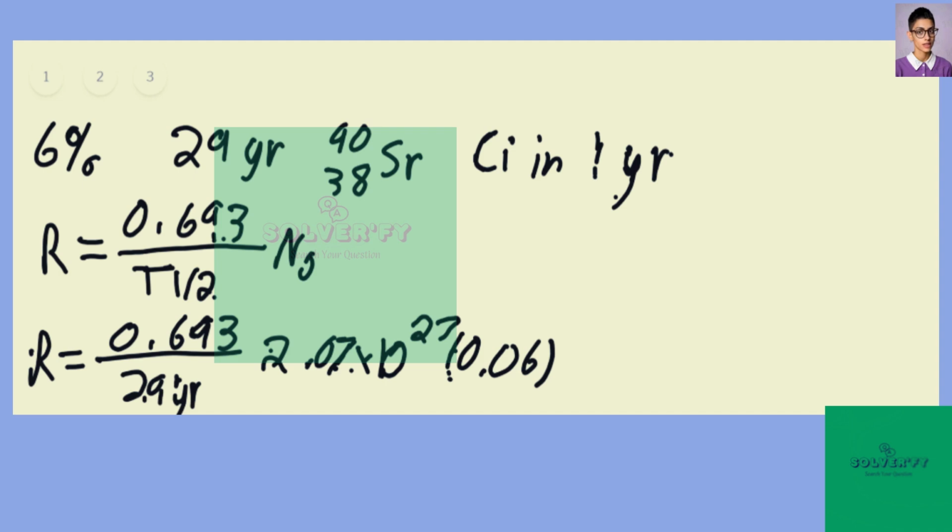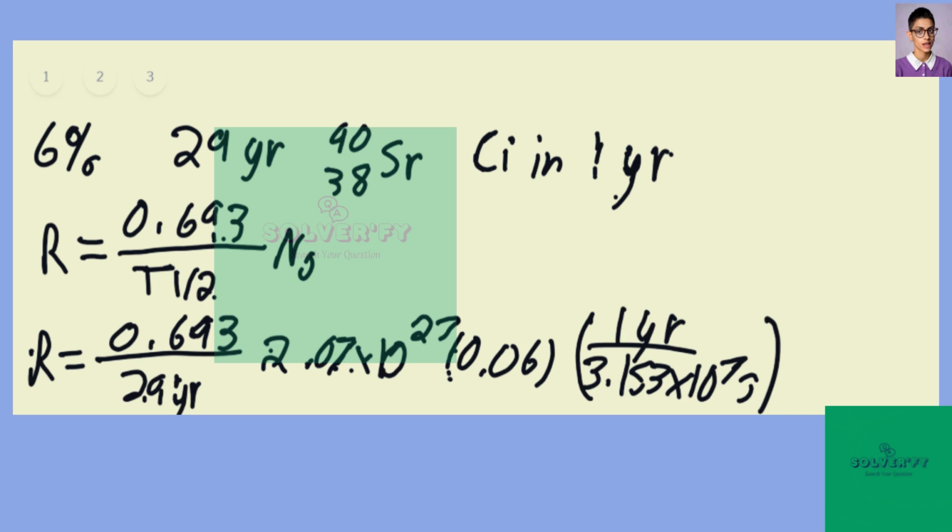Again, we need to do a conversion, which I'm going to tack on to the end. We're converting years to seconds, so we have 1 year, 3.153 times 10 to the 7th seconds. And that is our conversion.